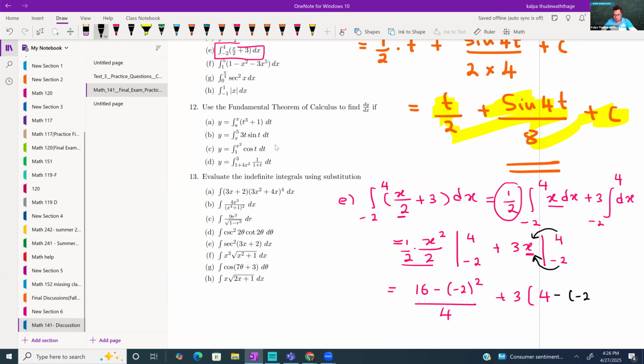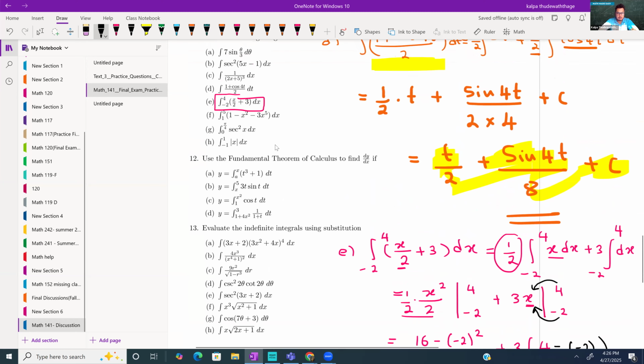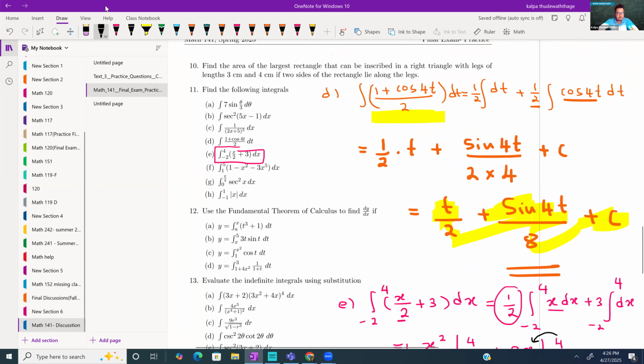Subtract negative. And you get here 12 over 3 plus 18. 4 plus 18, which is 20. Right, so that's how you would do it.